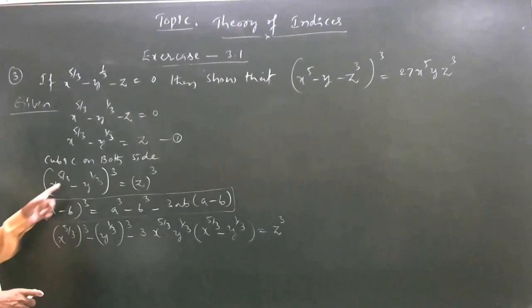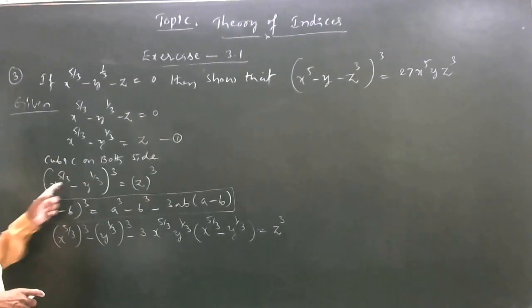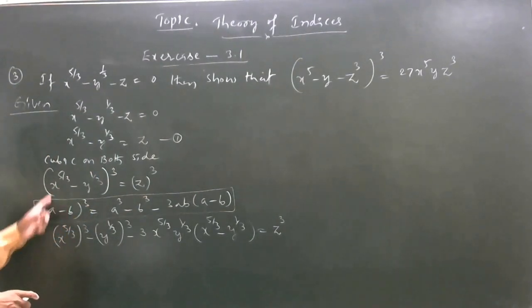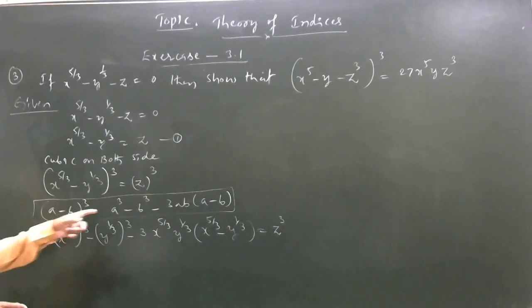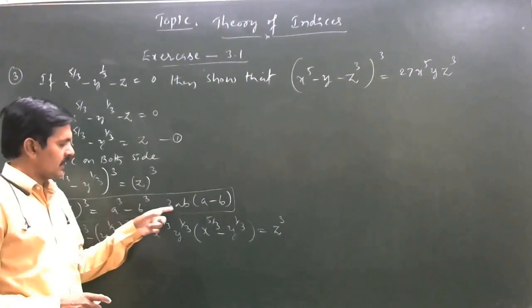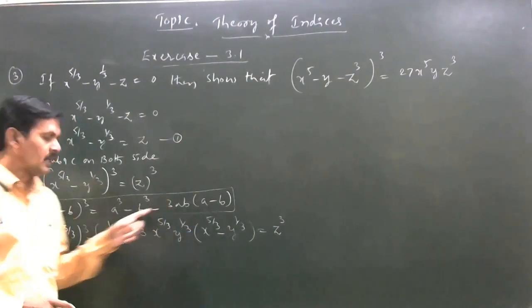Here, applying this formula, the first term is considered a and the second is considered b. It is in the form of (a minus b) whole cube. The formula is a cube minus b cube minus 3ab into (a minus b).